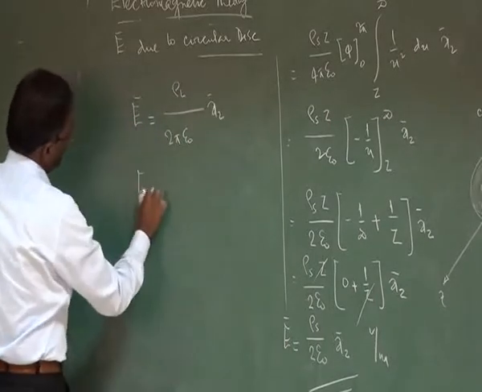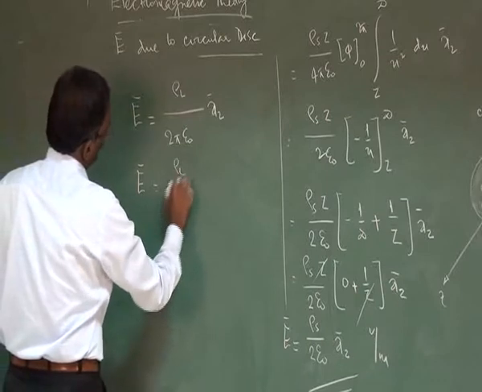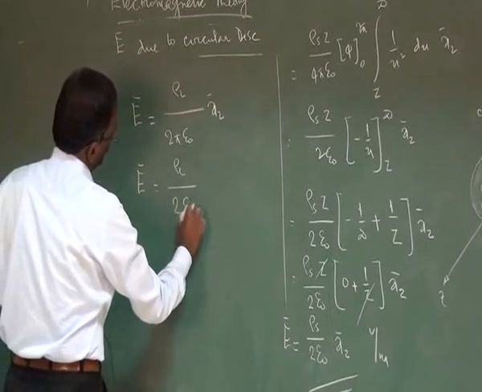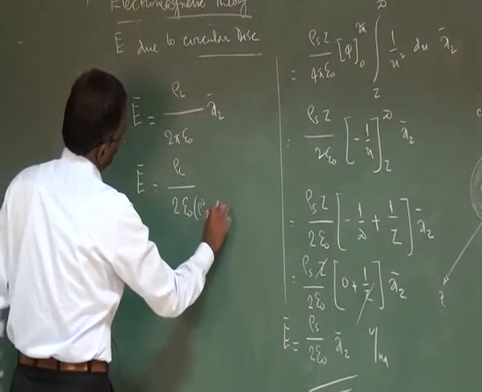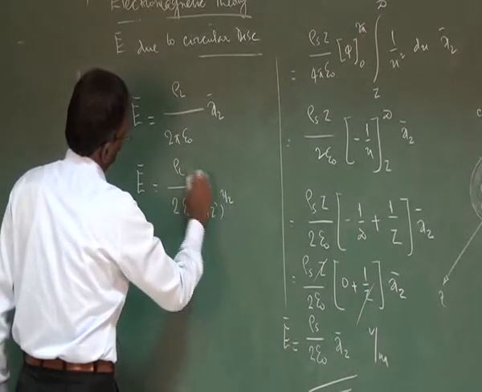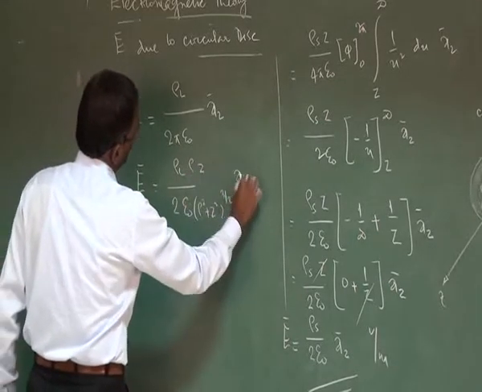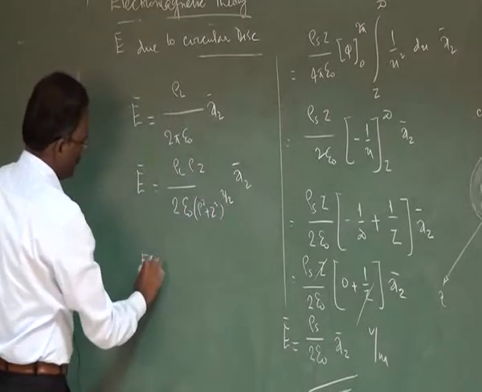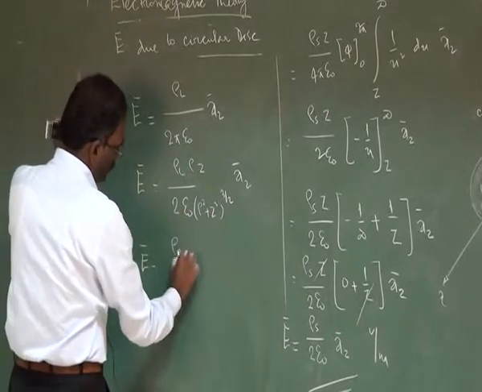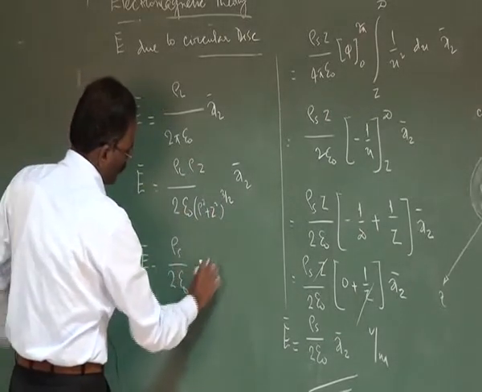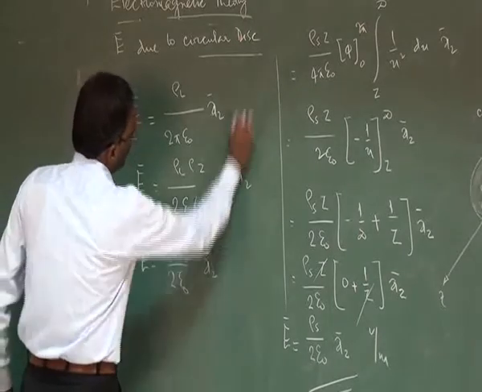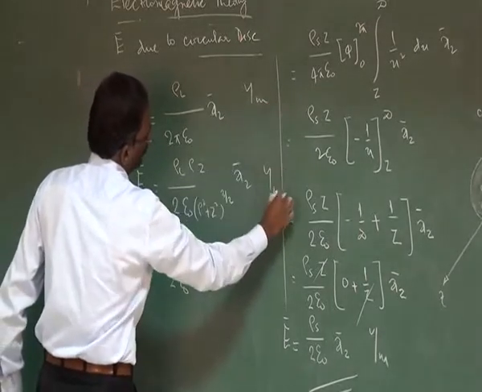And the second case, E bar is equal to rho L divided by 2 epsilon O, rho z divided by rho square plus z square power 3 by 2, a z bar. This result is rho s divided by 2 epsilon O only, a z bar, right? So all of the units are volts per meter.